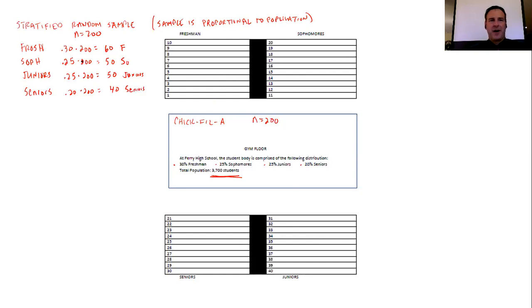Now, how am I gonna do this? How do I pick 60 from all possible freshmen? Well, it's the same thing that I've done in the past. The easiest way for me is to put all freshman names on pieces of paper and put them in a hat.